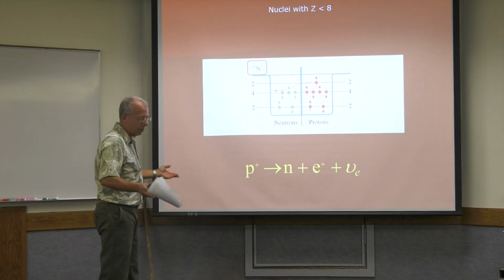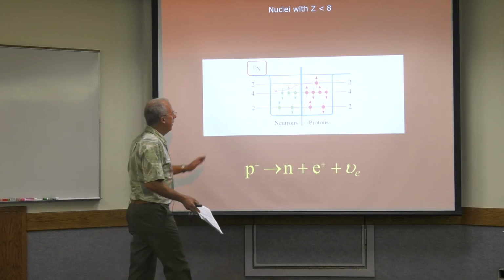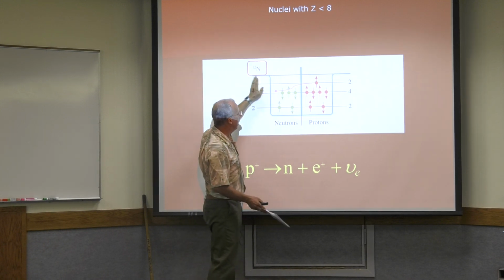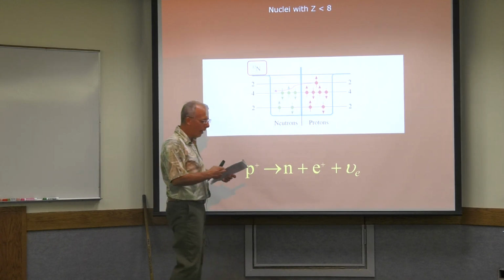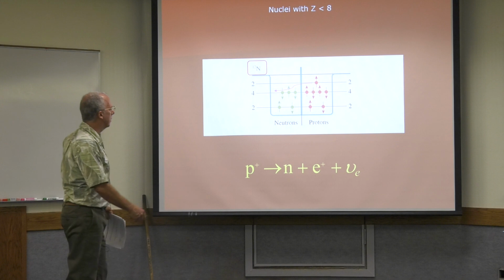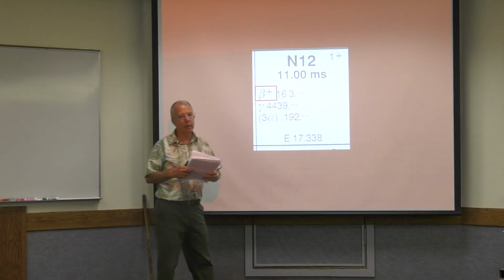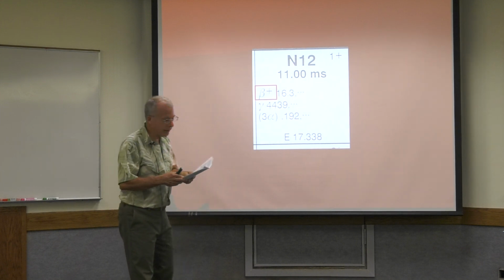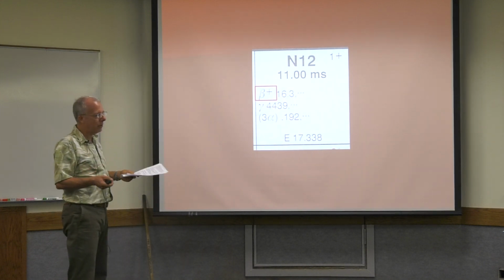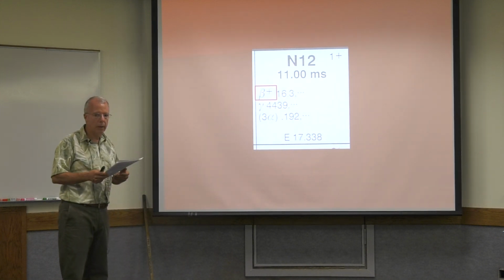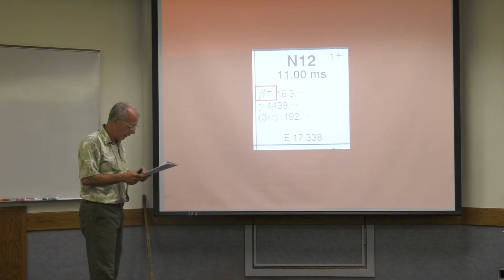So theoretically, in order for this thing to become stable, a beta plus emission is going to happen. Well, let's see if it happens. Ta-da! Nitrogen 12, beta plus. So this shell model does a great job in predicting the decay mode for these isotopes where Z is small.